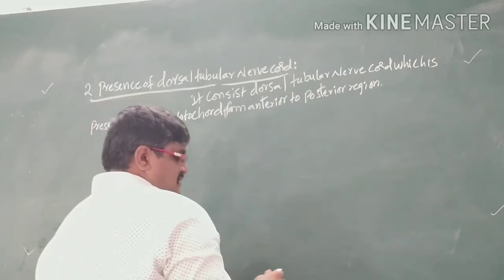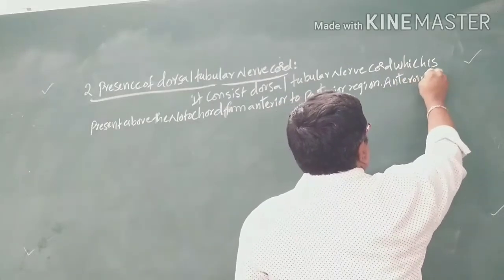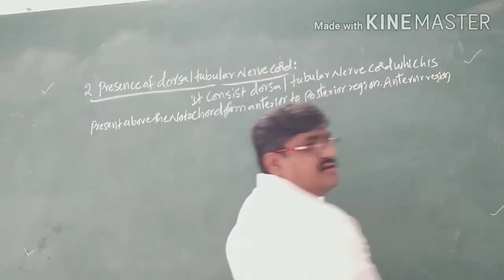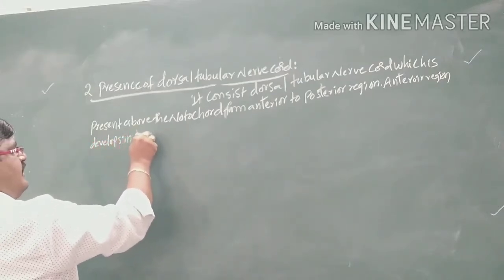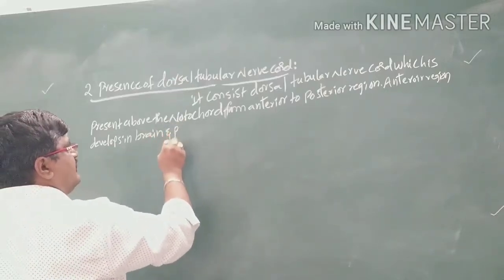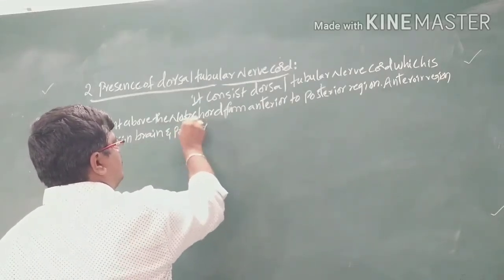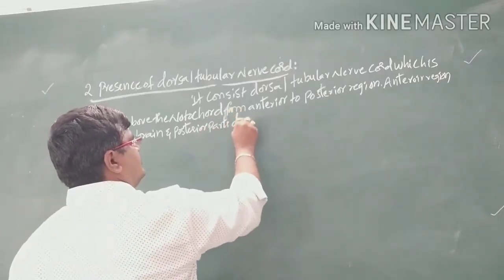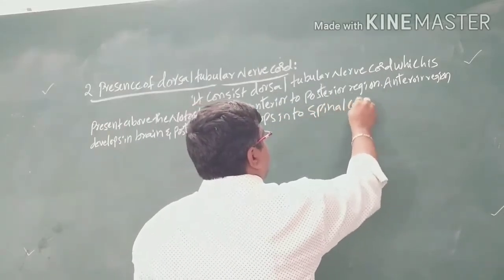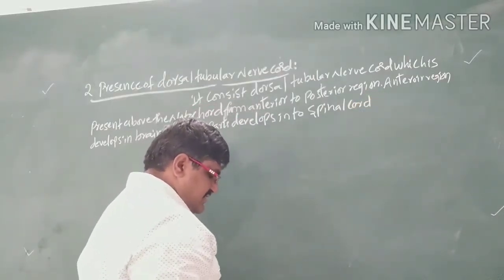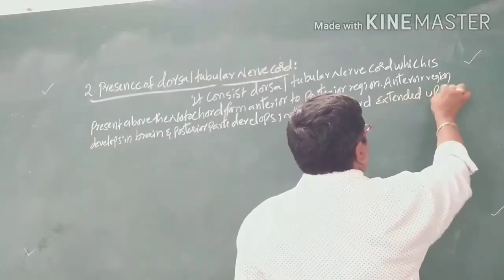The anterior part develops into a brain, and the posterior part develops into the spinal cord, extending up to the posterior region.